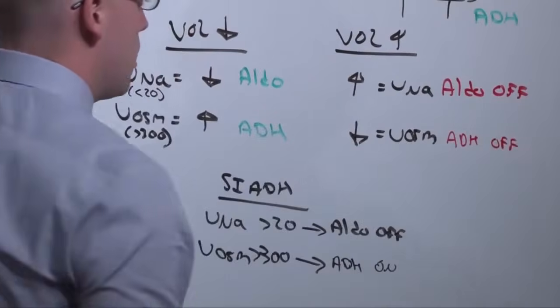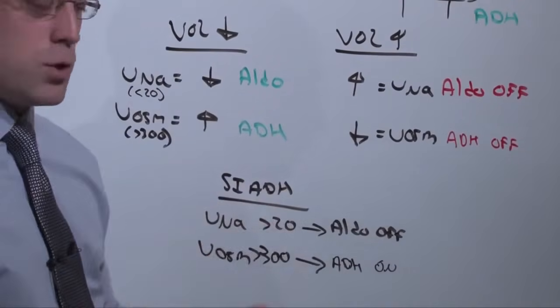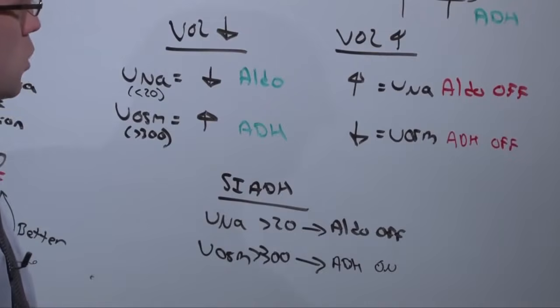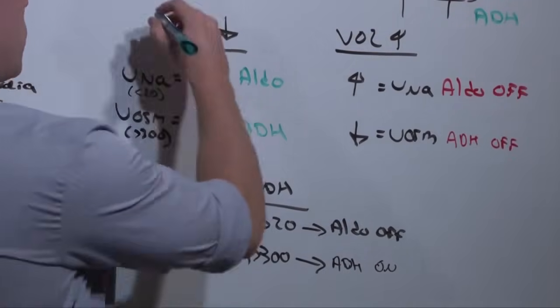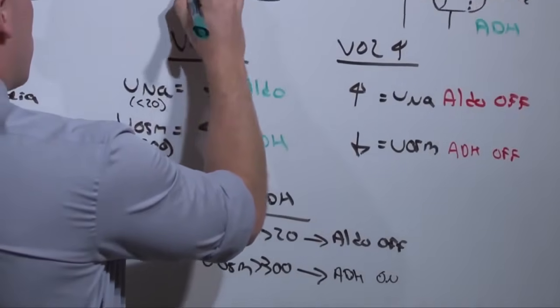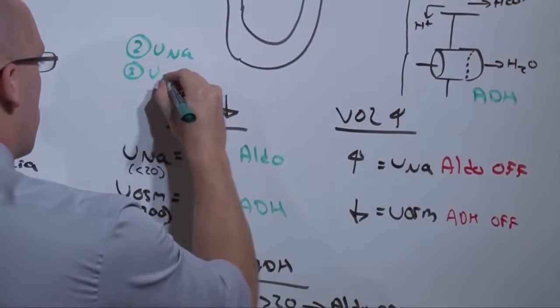This is teleologic because the body is not binary, but you can start to see that the tests you want to order, even if you didn't fully understand this discussion, are going to be the urine sodium and the urine osms.